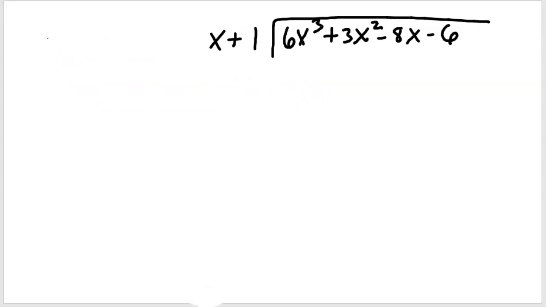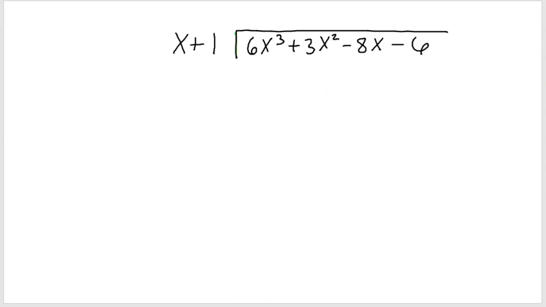And now we're going to do pretty much the same thing. All right. And so after we've got our setup, we're going to ask ourselves, how many times does this go into this? Another way you could ask the question is, what would you multiply x by to get 6x cubed?